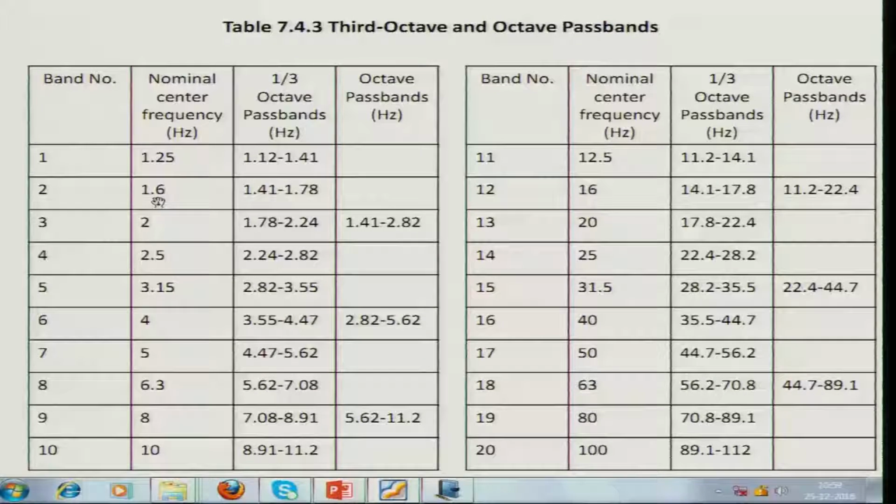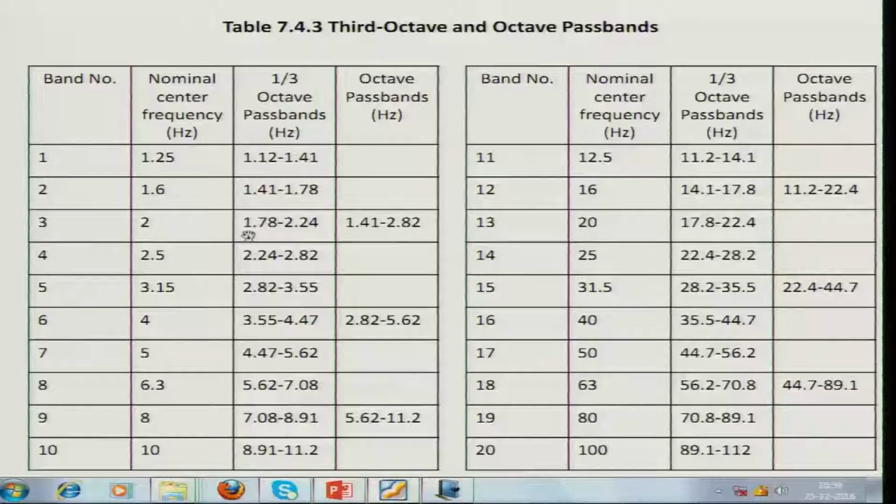Then band number 2, central frequency is 1.6. How do you get it? 10 to the power of 2 by 10. Its lower frequency limit is 1.6 divided by the cube root of 2, upper frequency limit 1.6 times the cube root of 2. Then the third band is 2, and you get it from 10 to the power of 3 by 10.